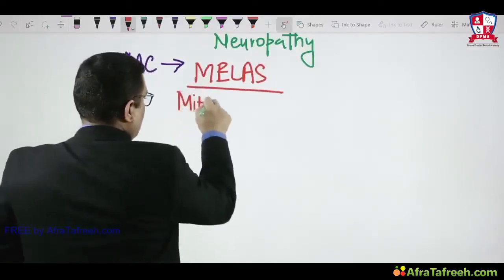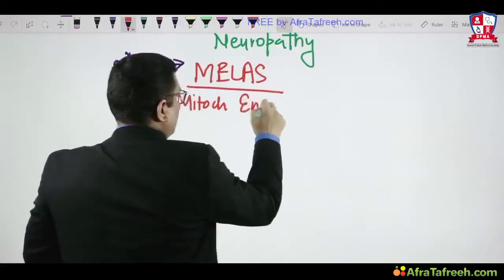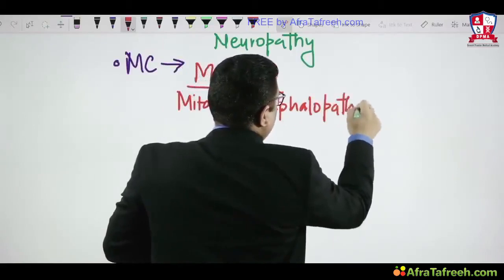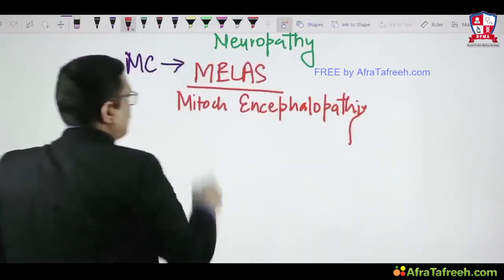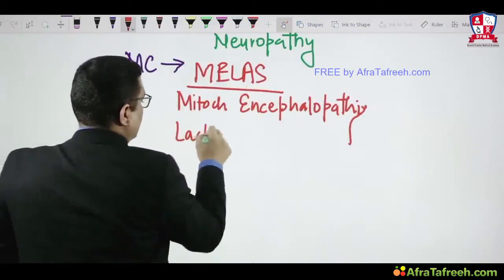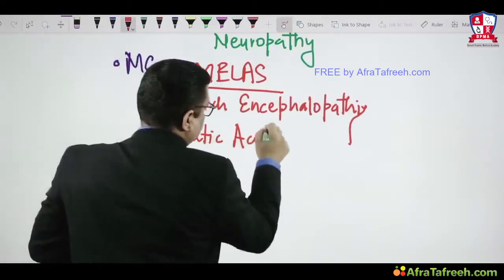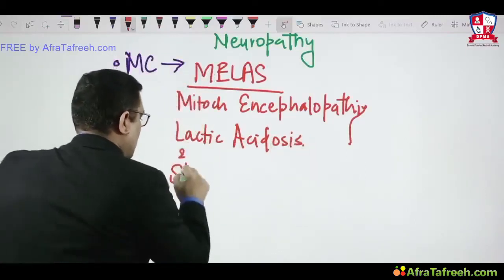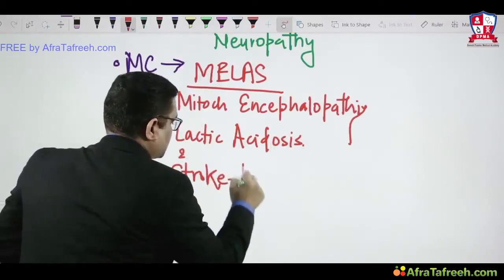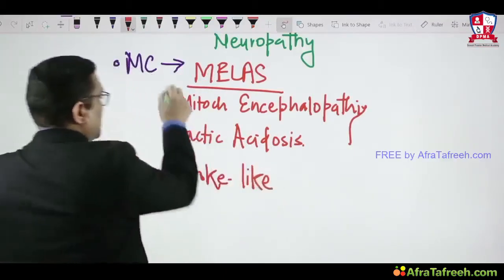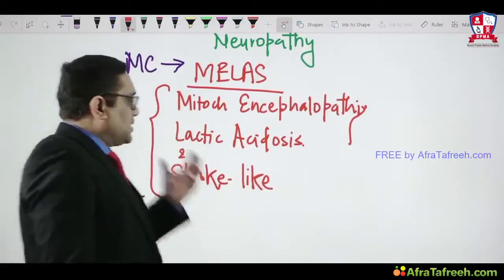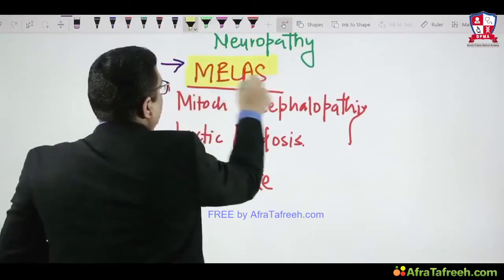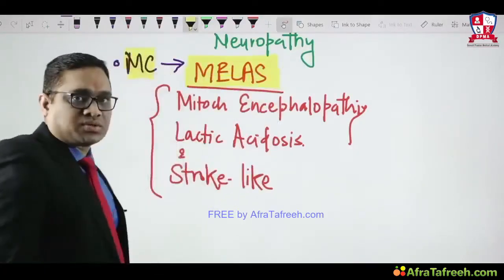Mitochondrial encephalopathy, lactic acidosis, and stroke-like features. This is the most common mitochondrial inheritance disorder, and that was the NIMHANS question also.